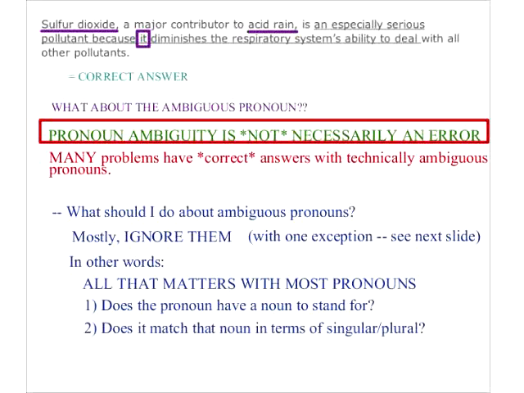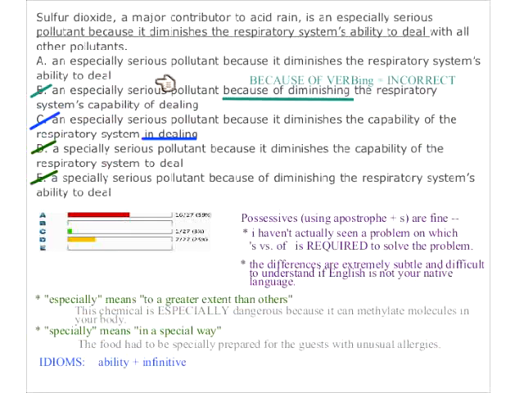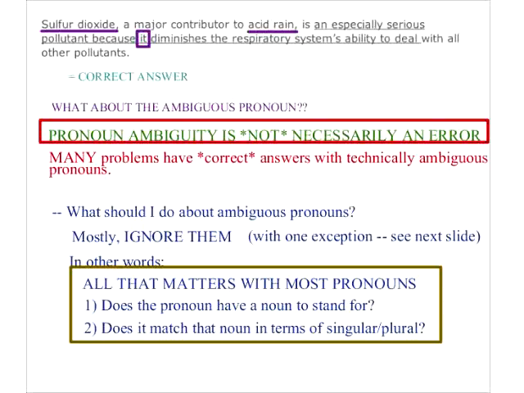As long as these two things are satisfied, we frankly do not really care if the pronoun is ambiguous. So in this problem, we have to ignore the ambiguous pronouns. Some people were driven to choose choices like B and E because they wanted to get rid of the pronoun. Make sure you don't.